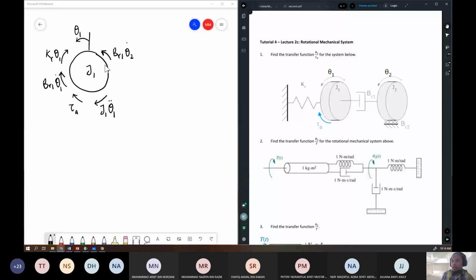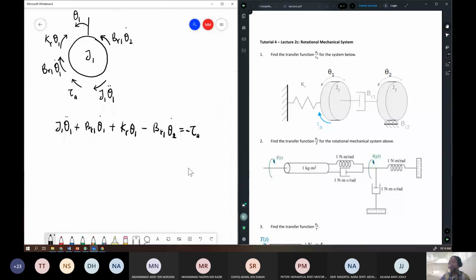So we have J1 theta 1 double dot plus BR1 theta 1 dot plus KR theta 1 minus BR1 theta 2 dot, sorry, equals tau A. Then we can write it in terms of frequency.